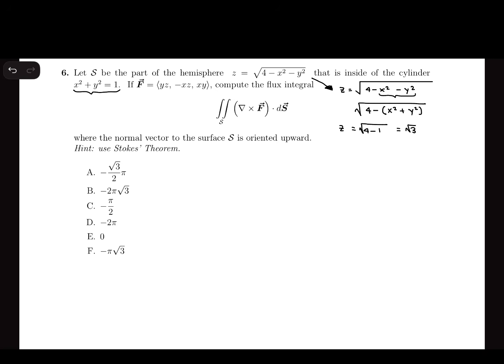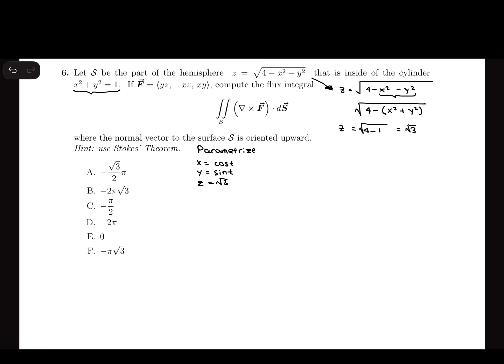The second step is to parameterize the curve. So we know that since it's a circle, x is going to be cosine t, y is sine t, and we just found out that z is the square root of 3.